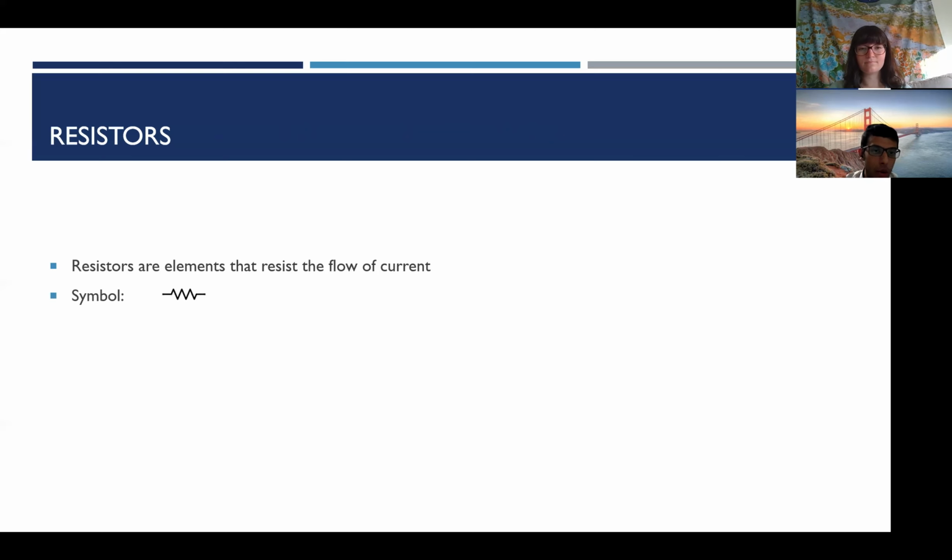As you notice, we draw resistors as these squiggly lines, and what these lines essentially represent is the fact that electric current has to navigate through this very curvy path. It's not going to be able to accelerate. It has to bend around all these corners. And so this material or device is resisting the flow of electric current.